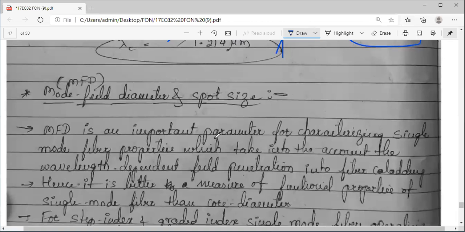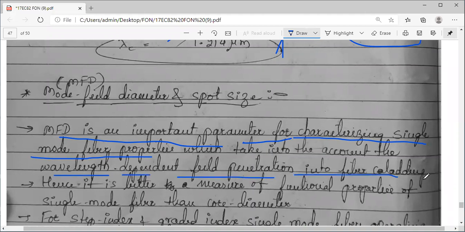So what is MFD? It is one parameter which is important for characterizing the single mode fiber properties. Again, I'm talking about single mode fiber itself, which takes into account the wavelength dependent field penetration into the fiber cladding.